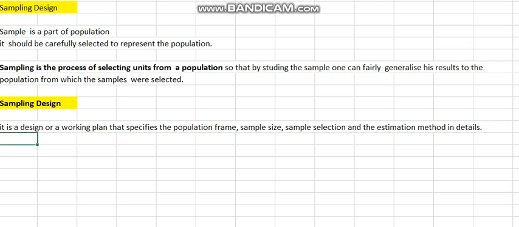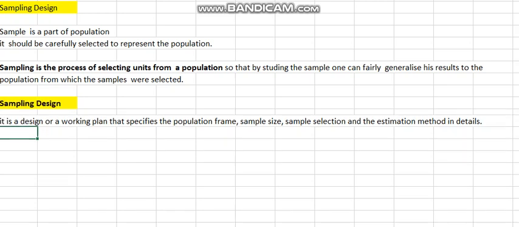Sampling design, it includes what? It is a plan or design that is very essential for conducting a sample study. For example, what is the population of our study, what is the number of people involved in the study, sample size, how we can select the sample, then what is the estimation method included in our study.